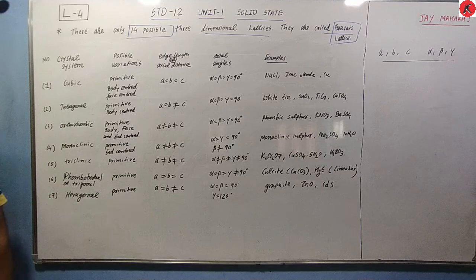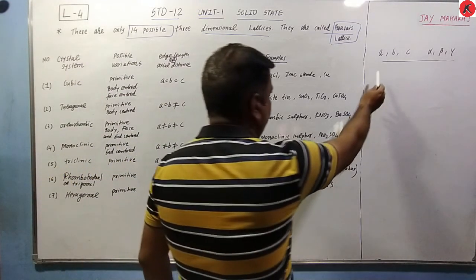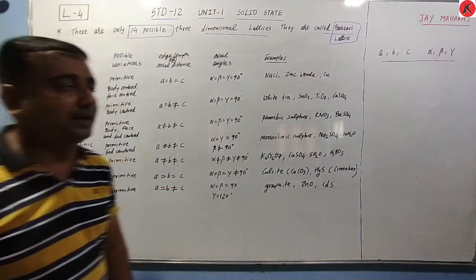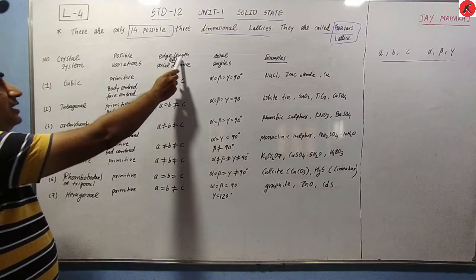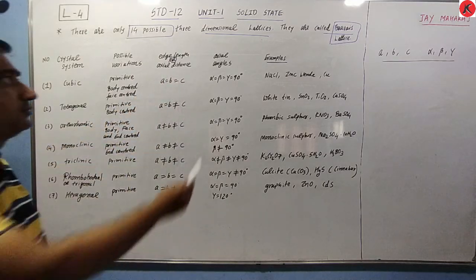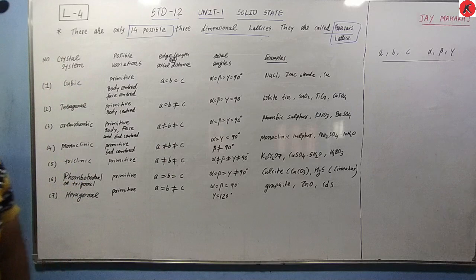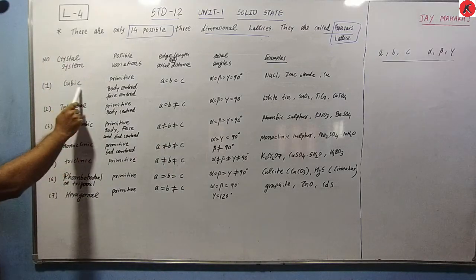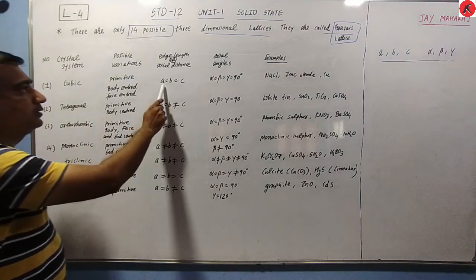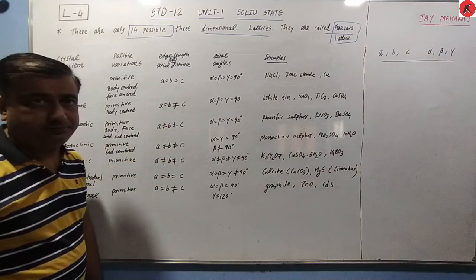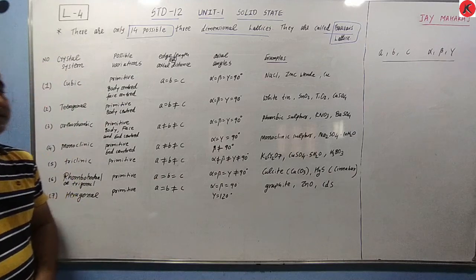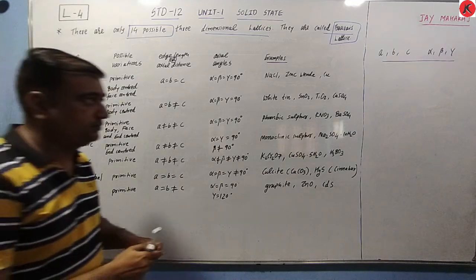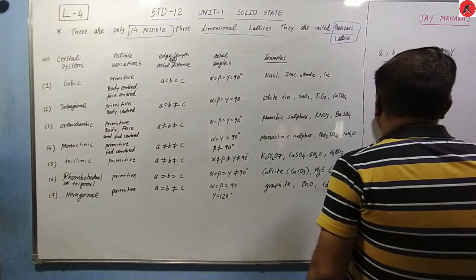How to identify them? Based on these 6 parameters: a, b, c, alpha, beta, gamma. The edge lengths or axial distances, and the axial angles.